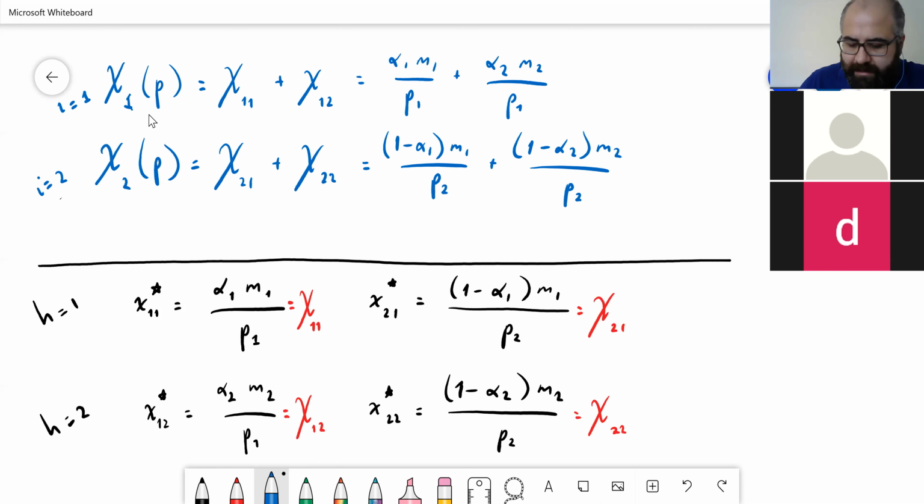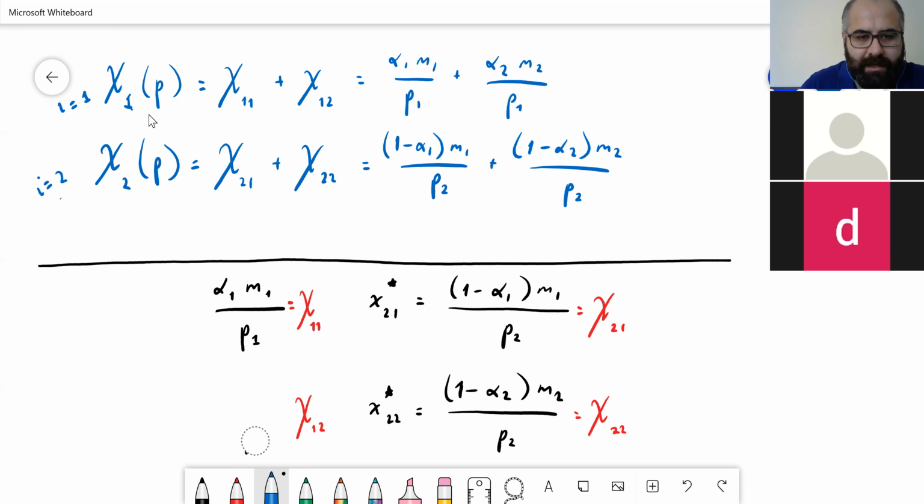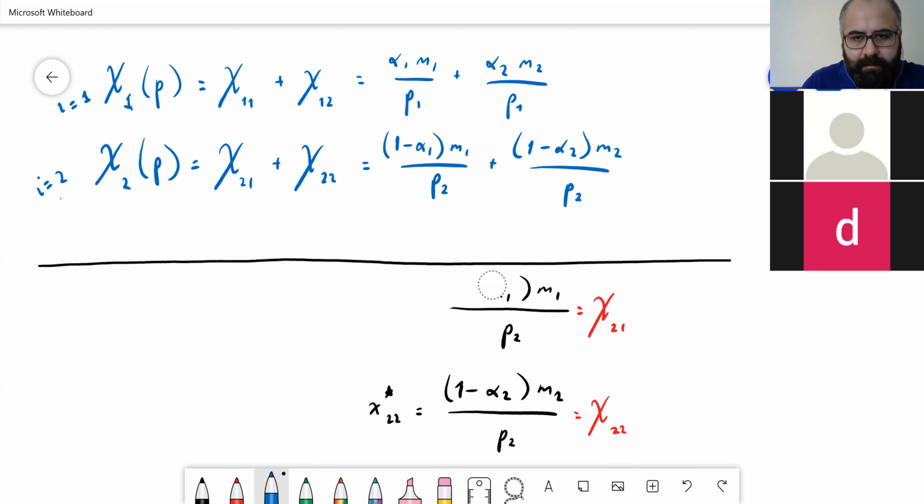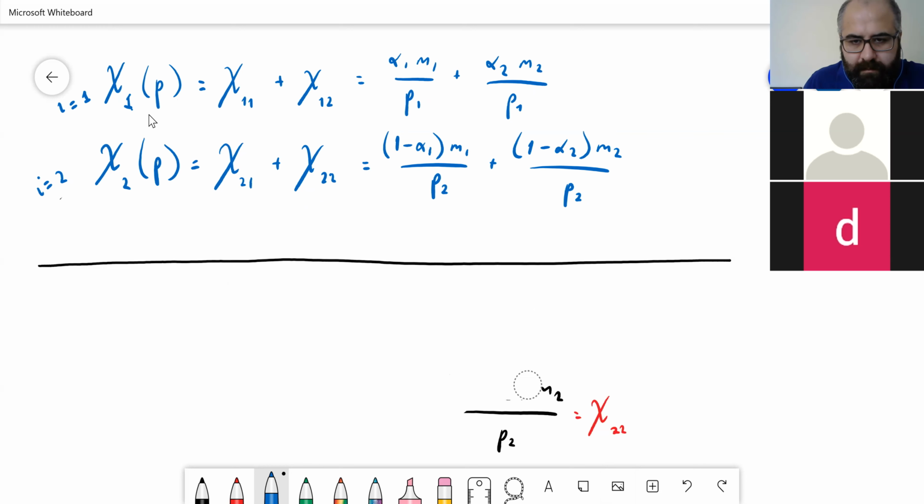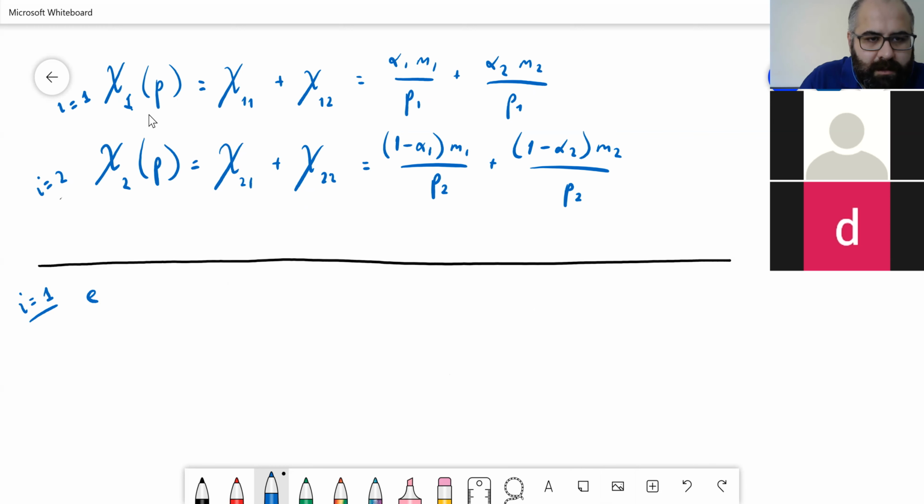Now, if I want to write excess demands, I have to, of course, look at the supplies as well, right? So total supply of the first, so this is for the first commodity.